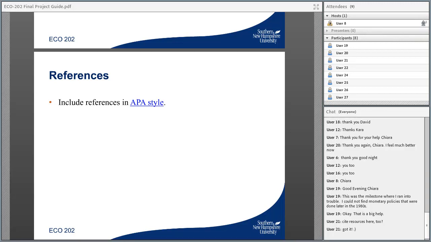The only other slide that you would include is the references slide. That would have to be in APA style. And as you can see, if you go find this document, you'll be able to click on the APA style and get information. The other place where you can find information on APA style is in the Writing Center.